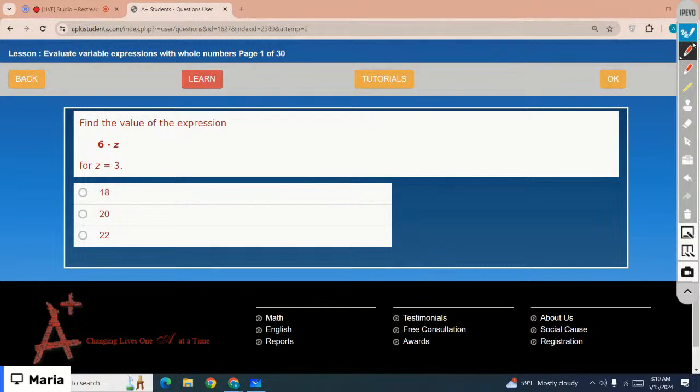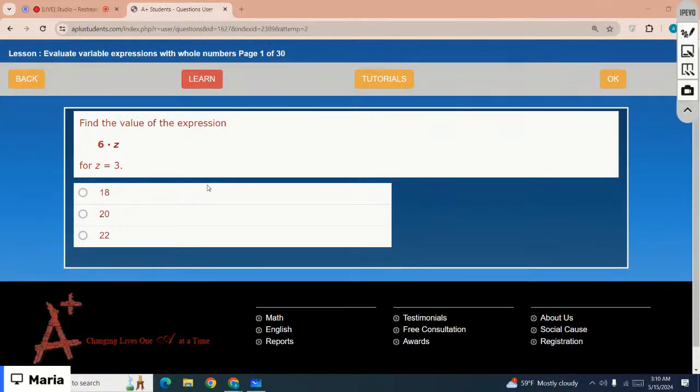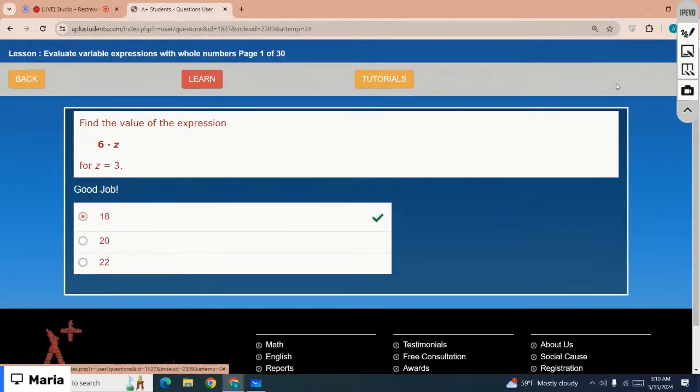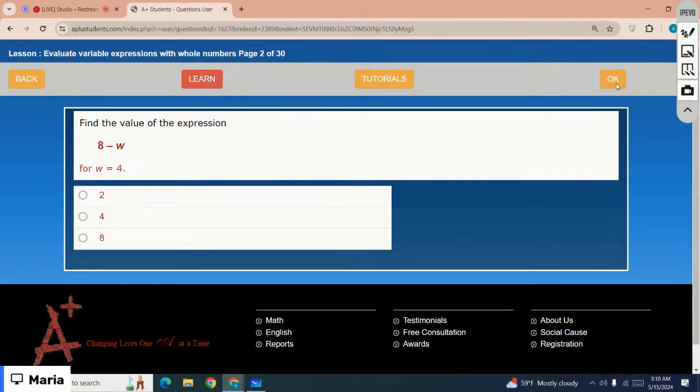Okay, so the next one is find the value of the expression 8 take away w, and you have to evaluate for w equals 4.